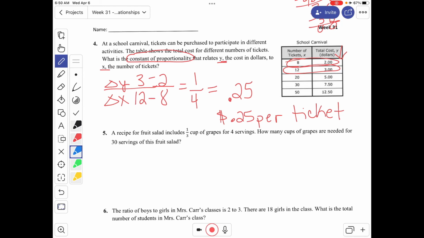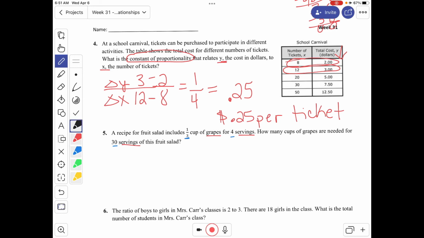Number 5, a recipe for fruit salad includes 1/3 cup of grapes for 4 servings. How many cups of grapes are needed for 30 servings of this fruit salad? Look at that. There's 3 numbers. We're talking about servings and grapes.